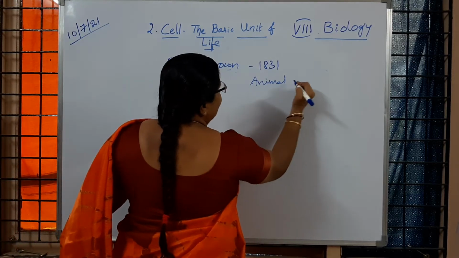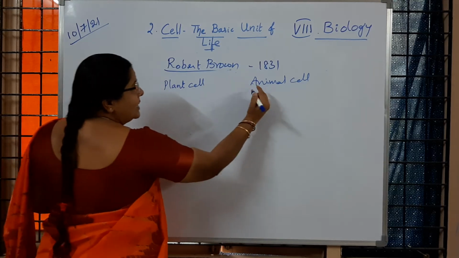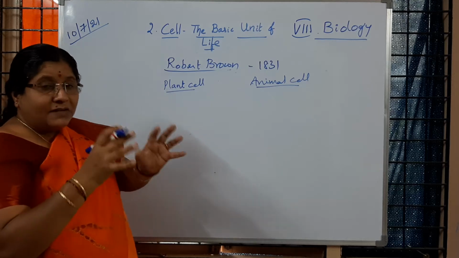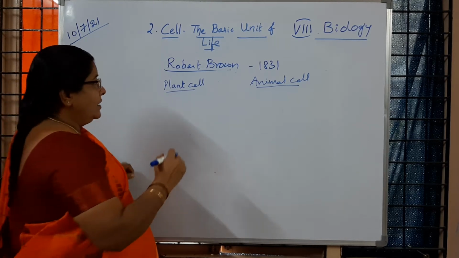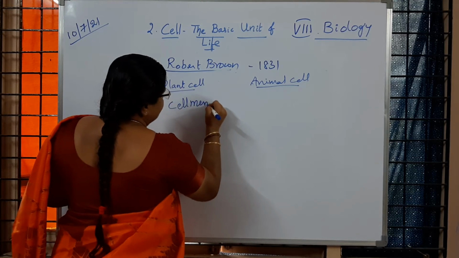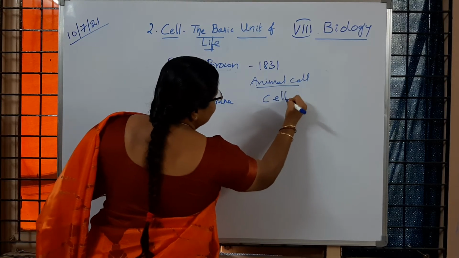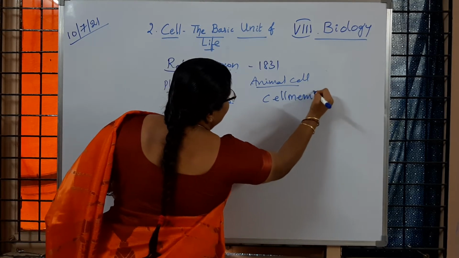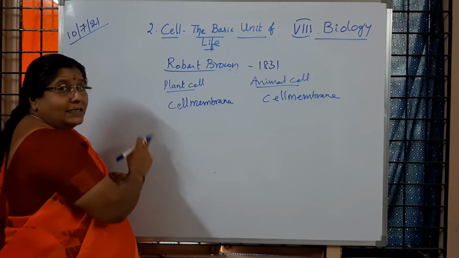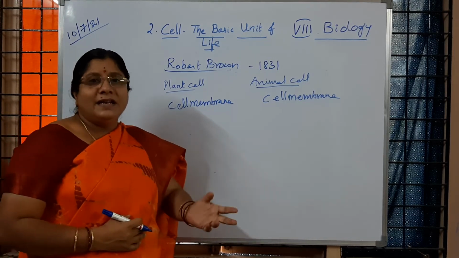In both plant cell and animal cell, you observe an outer covering which covers all the content of the cell. What do you call that? That is called the cell membrane. I will write it first. Cell membrane. Here the animal cell also has a cell membrane. Whereas in the plant cell, that is the onion peel cell, an extra layer is observed.